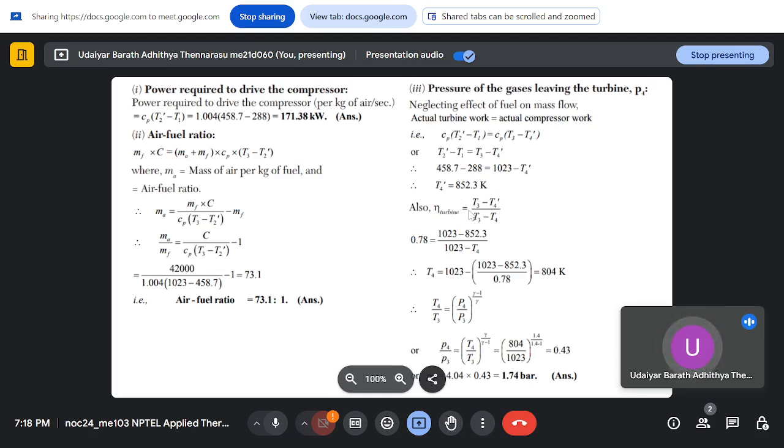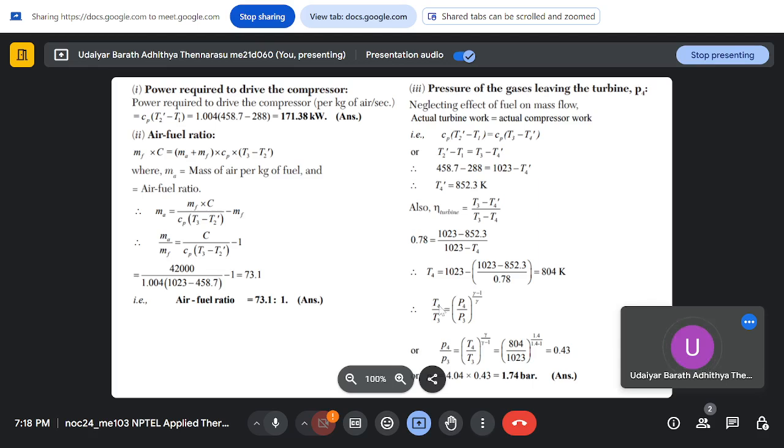Turbine efficiency is actual by ideal, so T3 minus T4 dash divided by T3 minus T4. The turbine efficiency is 0.78. Substituting the temperatures, I can estimate the isentropic temperature if the process is isentropic, so T4 becomes 804 Kelvin.